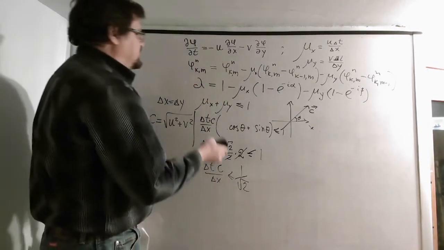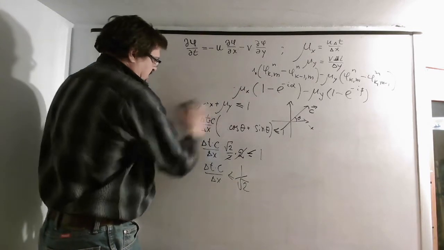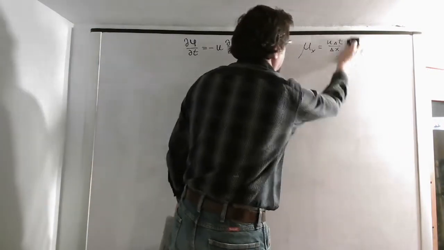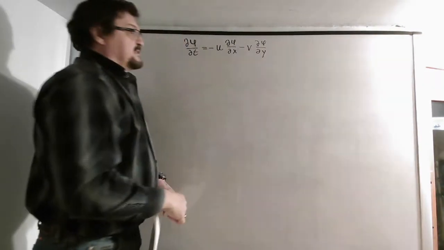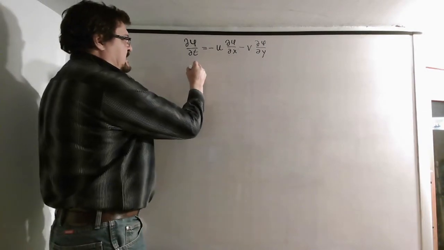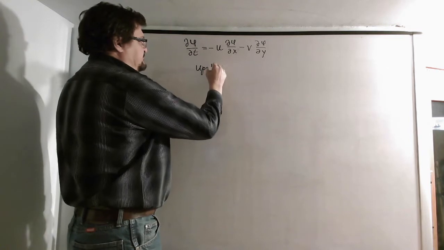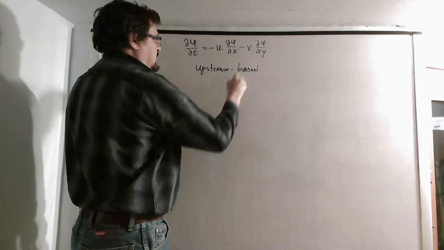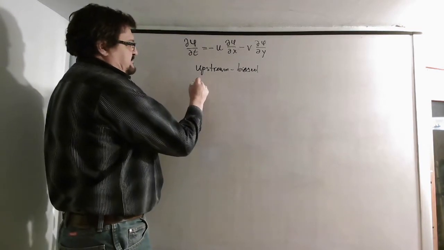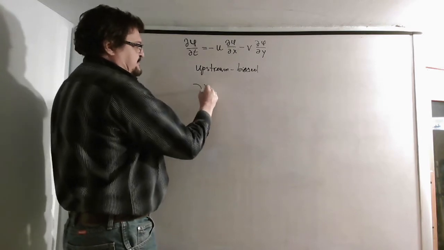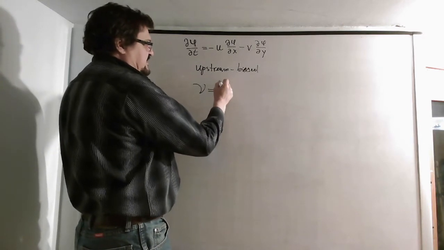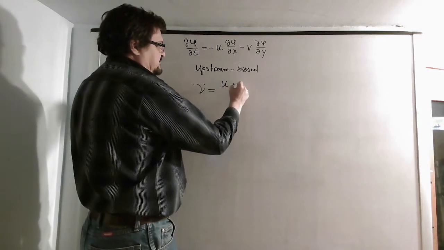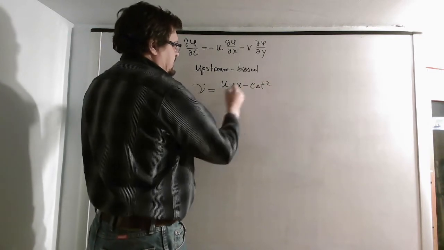And that diffusion coefficient for upstream biased scheme, this diffusion coefficient in x direction was something like u times delta x minus u delta t squared divided by 2.